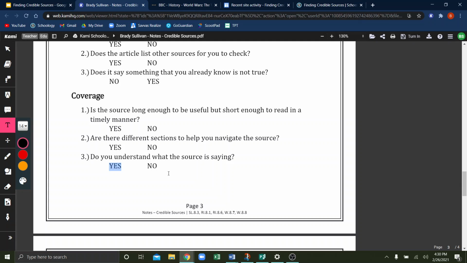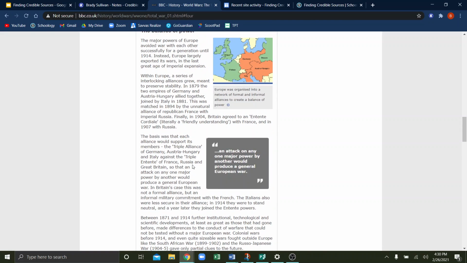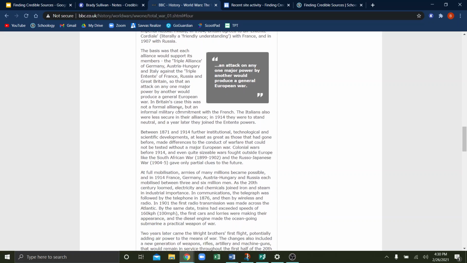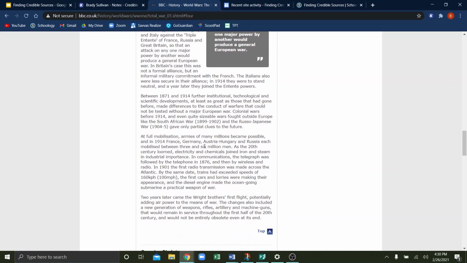And then finally, do you understand what the source is saying? If you were researching World War I and you were actually reading this article, you might come across a lot of terms that you just don't understand. Let's see if I can find Austria-Hungary. Do you guys know where that's at? Interlocking. Do you know what that means? Alliances. Do you know what those are? Okay. Let's see here. There's Austria-Hungary again.